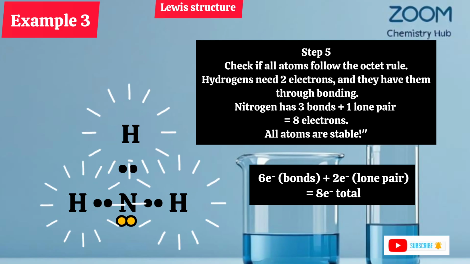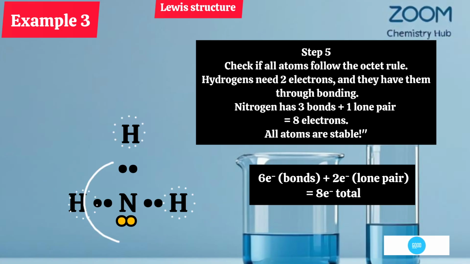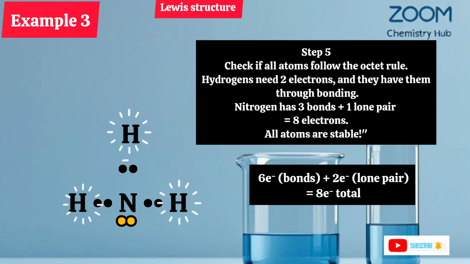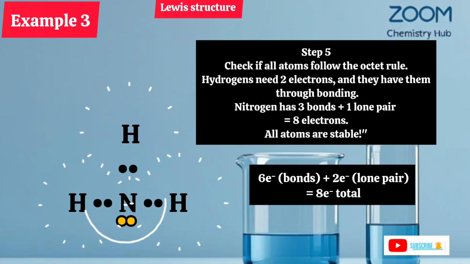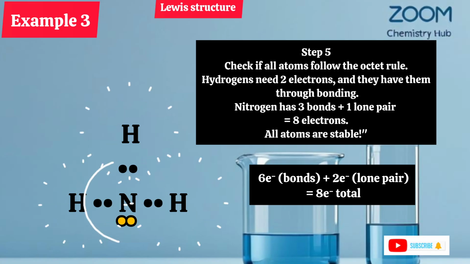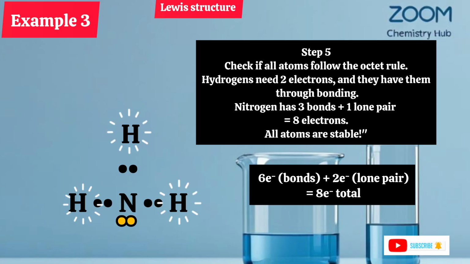So check that all the atoms follow the octet rule. The hydrogen needs 2 electrons to complete its outermost shell and obey the duet rule. And nitrogen has 3 bonds, having 6 electrons in its outermost shell and 1 lone pair on it.